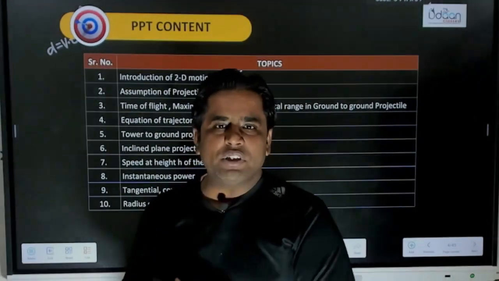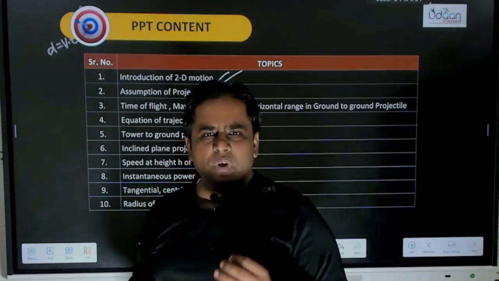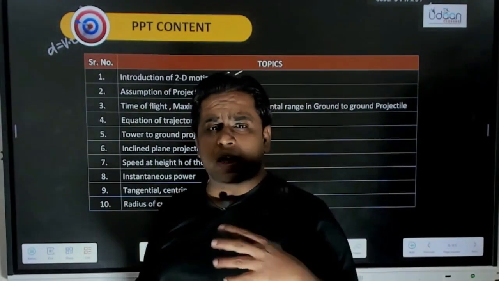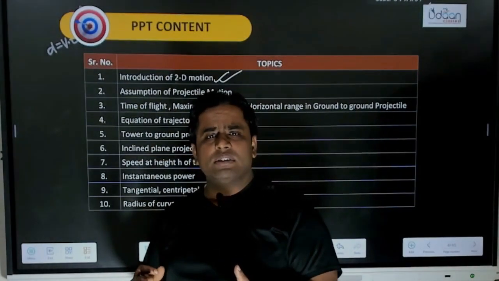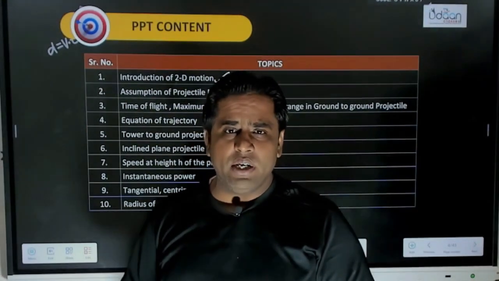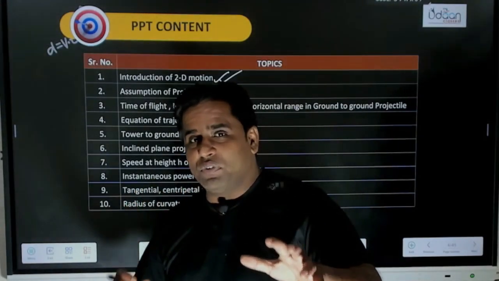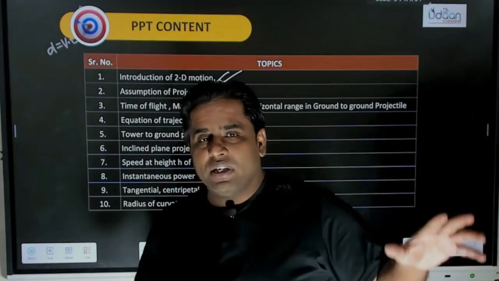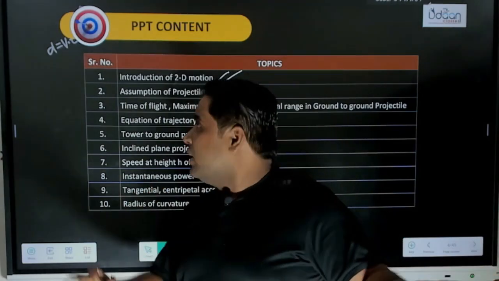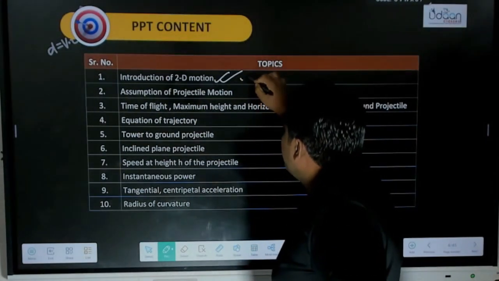Because in 1D motion we used simple mathematical equations which helped you to solve the numericals related to 1D motion. We will be applying all those equations which we have covered till now in 1D motion in this chapter. So first of all we are going to get introduced to 2D motion.